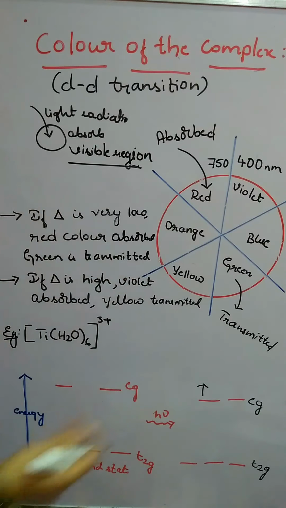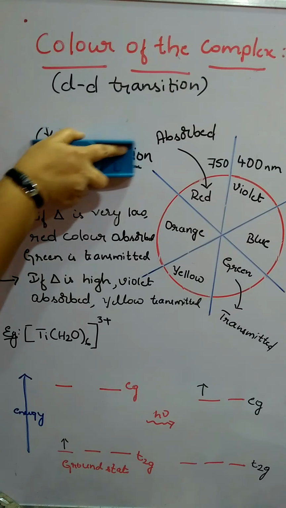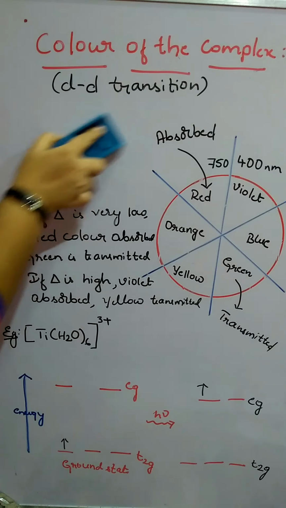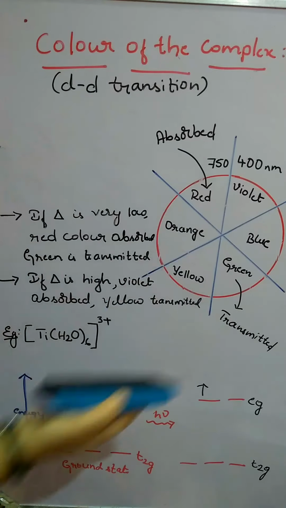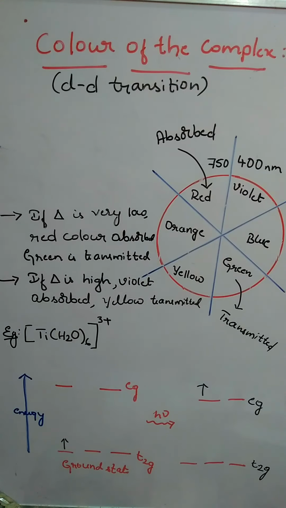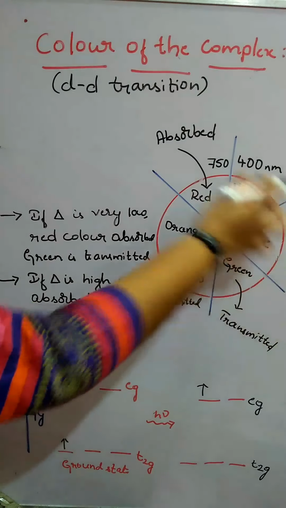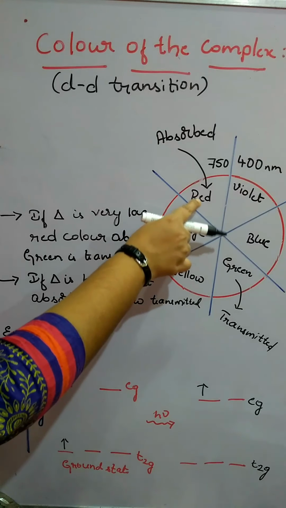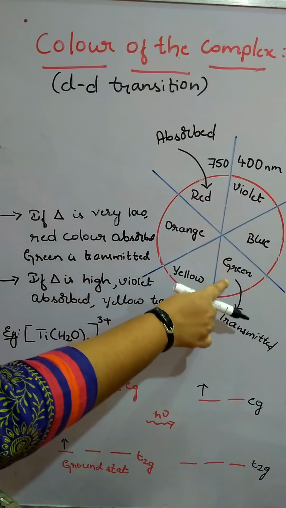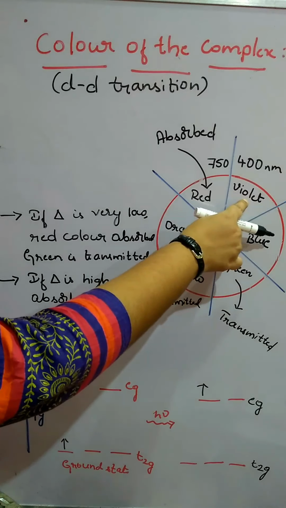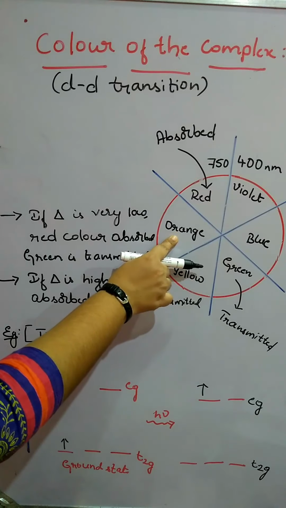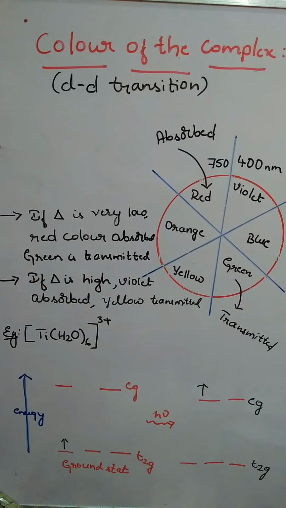In coordination compounds, it absorbs a particular radiation but seems to be another color. This is called the color wheel. To one end we have red, to another end green. Violet and yellow, orange and blue.